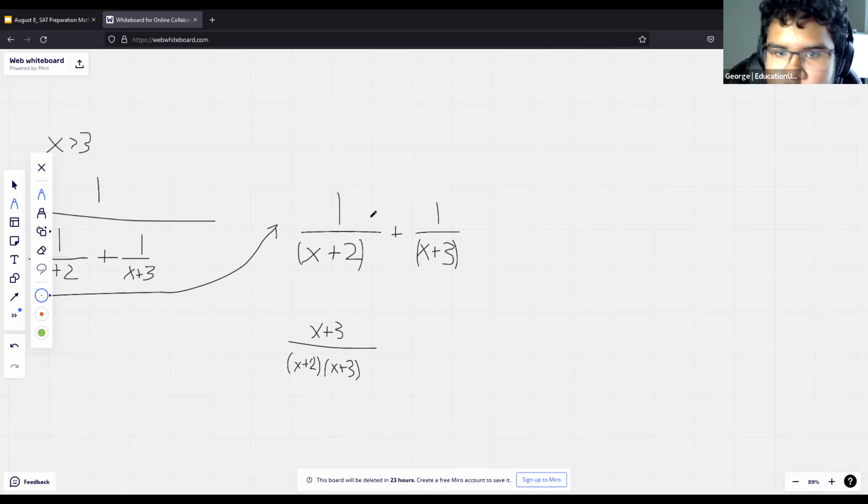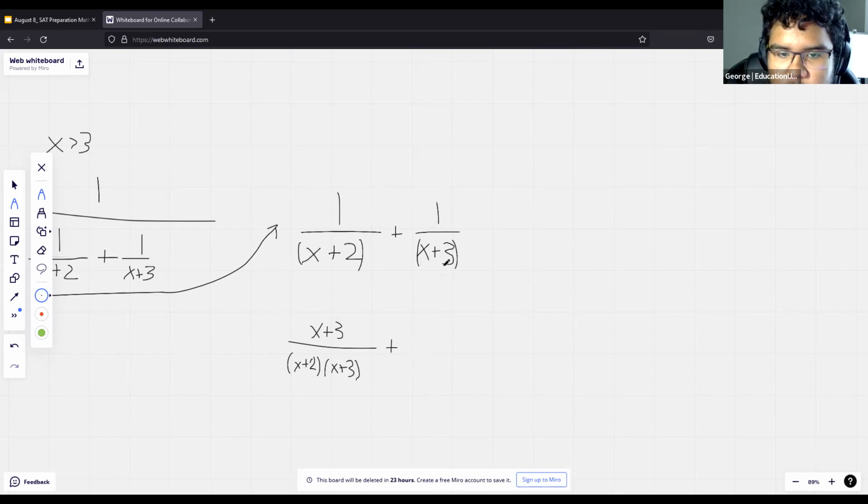We are just rewriting it in a way that will allow us to combine these two terms, even though they don't have the same denominator. So we multiply this left one by x plus 3 on both the top and bottom, because this effectively cancels out the top and bottom, and it ends up being the same as before. We're only writing it like this so that we can add the two rational functions together.